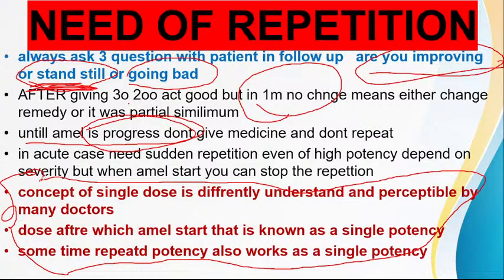What will be the reaction after 10 days, 15 days, 1 week? We prescribe the medicine, then there will be some reaction, either the patient improves or aggravates. In between that time period, however many repetitions we have done, all are known as an accumulative single dose.